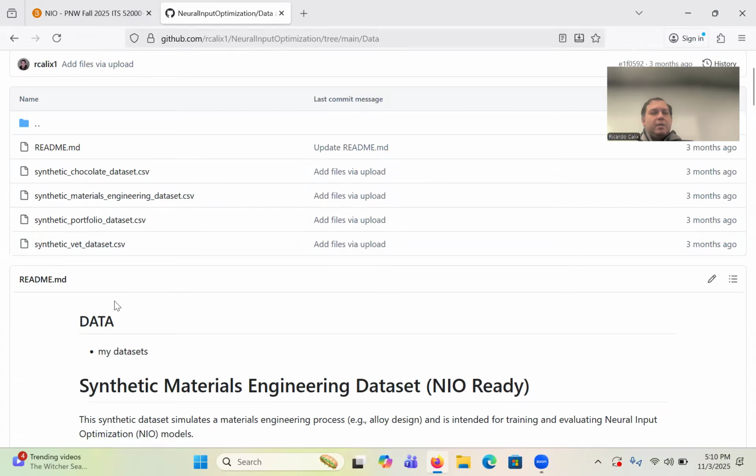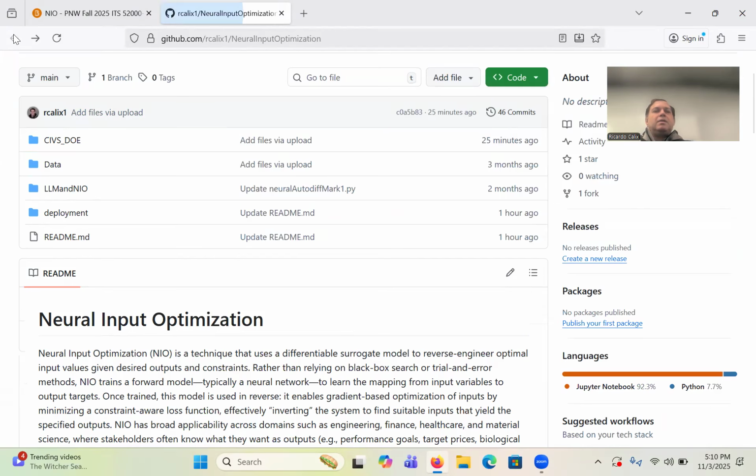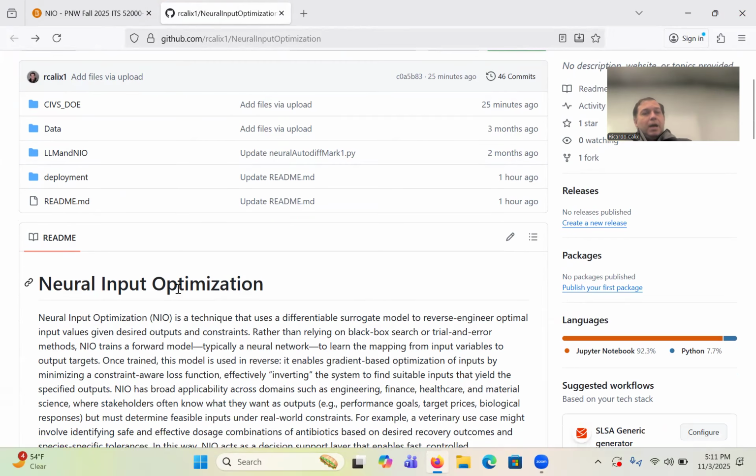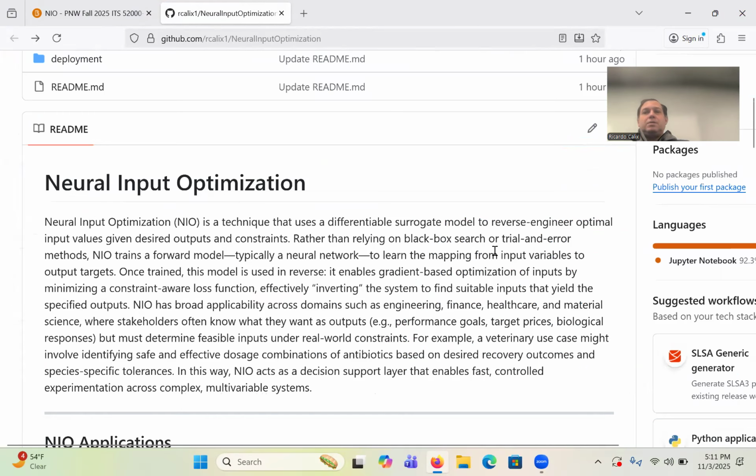I have some veterinary medicine data and a few data sets in there, as I've been playing with this idea for different applications. Okay. So let's get into the text of it.